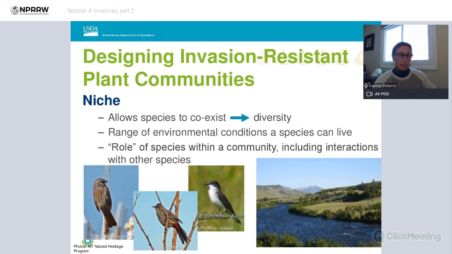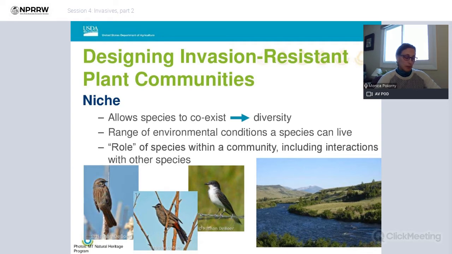I've always thought that thinking about niches is easier in mammal communities or bird communities, because to me, I can see what's going on and it makes a lot more sense than maybe in a plant community. But this is an example of niche separation in a riparian area by birds. So you might have different bird species living in the riparian area, and you might have one species that's a kingbird that would hunt insects along the water and over the water.